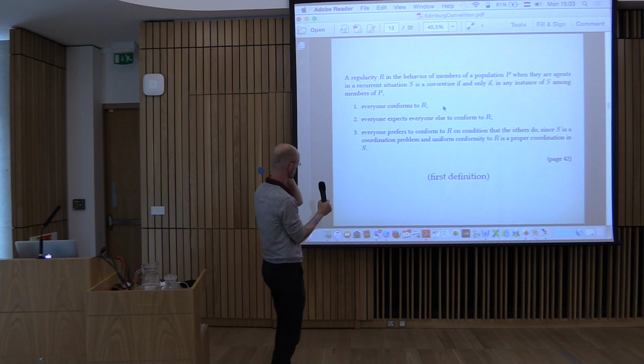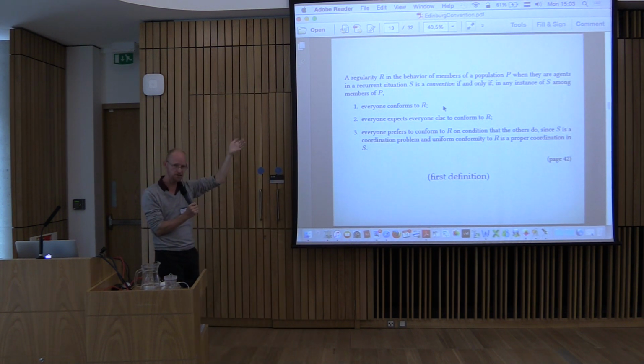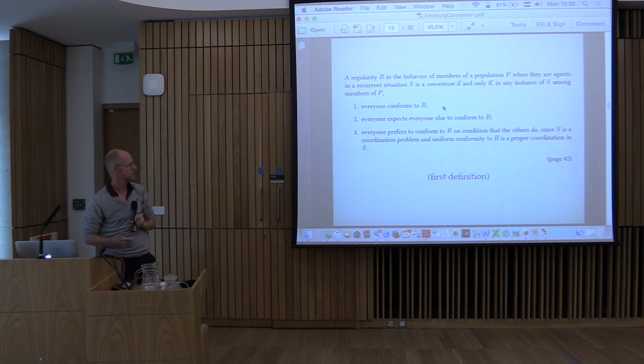Since S is a coordination problem, a uniform conformity to R is a proper coordination in S. So that's where the proper coordination comes in. Yes, so you have these expectations, and you have the expectation that everybody else forms it. Why is that? Well, it must be a proper coordination, a proper equilibrium.